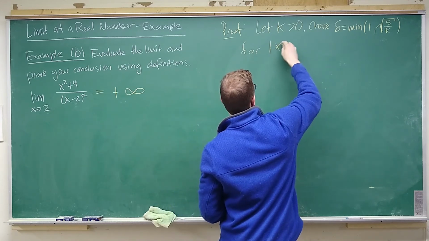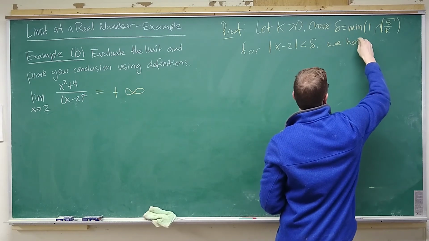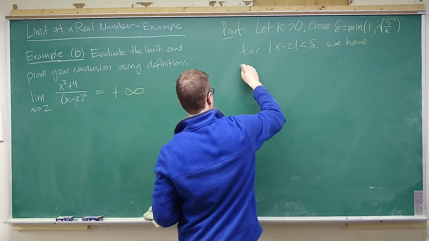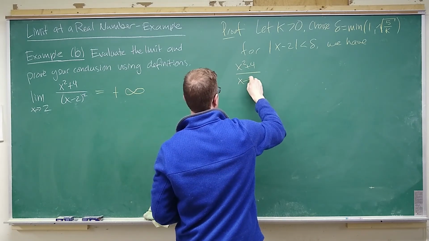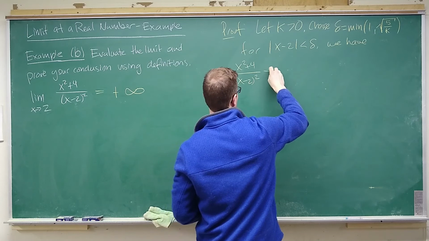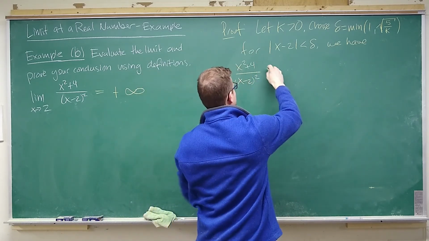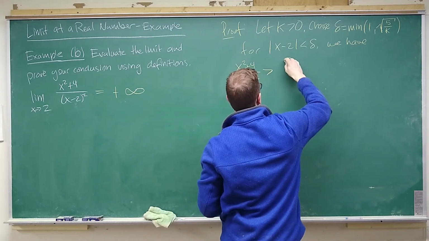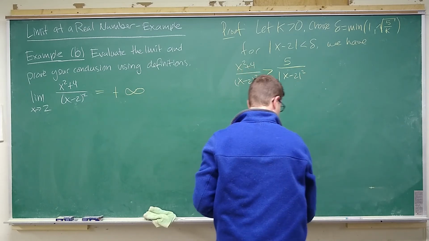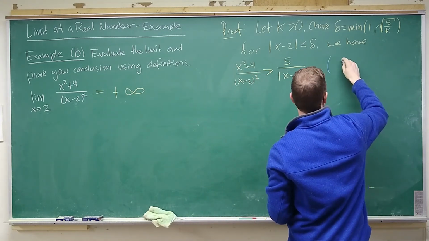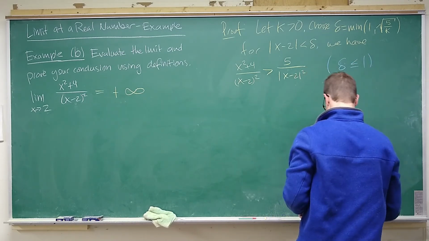So for the absolute value of x minus 2 less than delta, we have the function x squared plus 4 divided by x minus 2 squared is strictly greater than 5 divided by the absolute value of x minus 2 squared. And this is because we have that delta is less than or equal to 1.